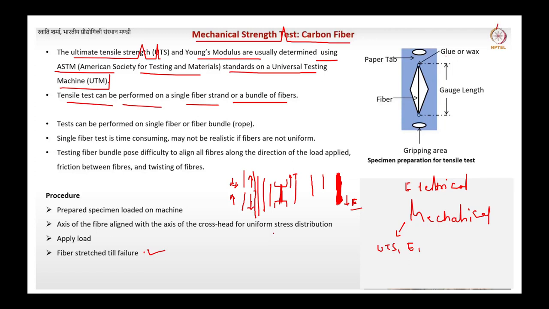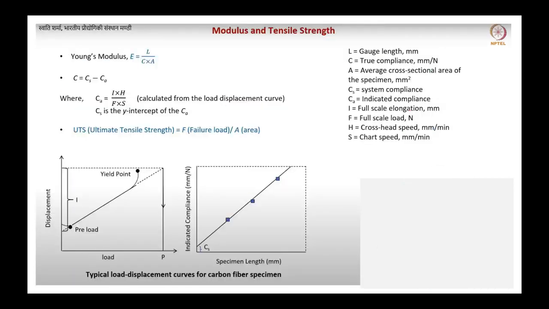Here you will have a paper tab, this is glue or wax, this is your gauge length, this is your fiber, and this is your gripping area. Then you apply a force in this direction.